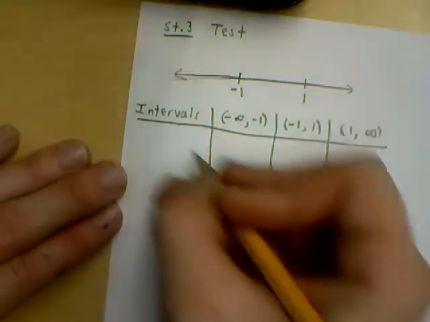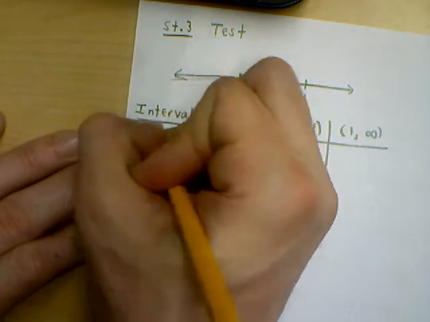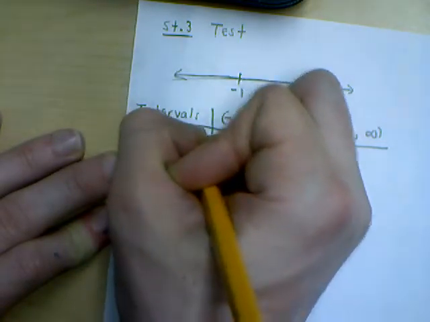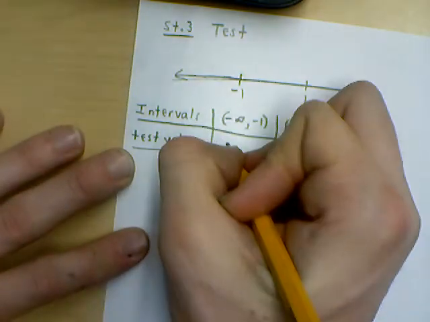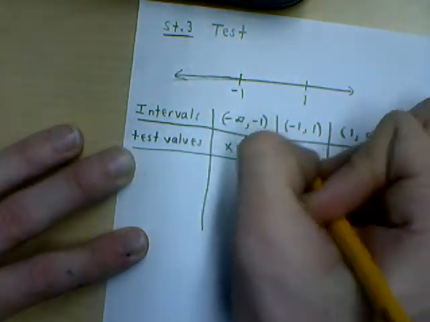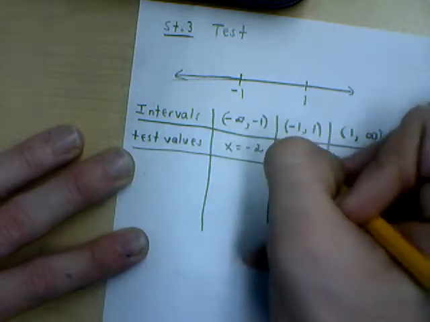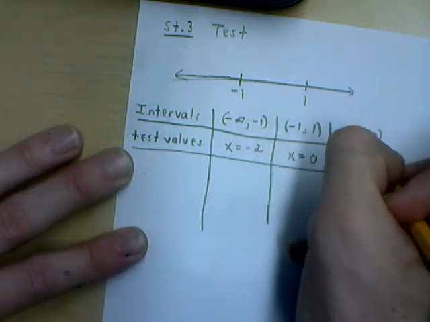Now we have to choose test values. I'm going to choose x equals negative 2, x equals 0, and x equals 2.